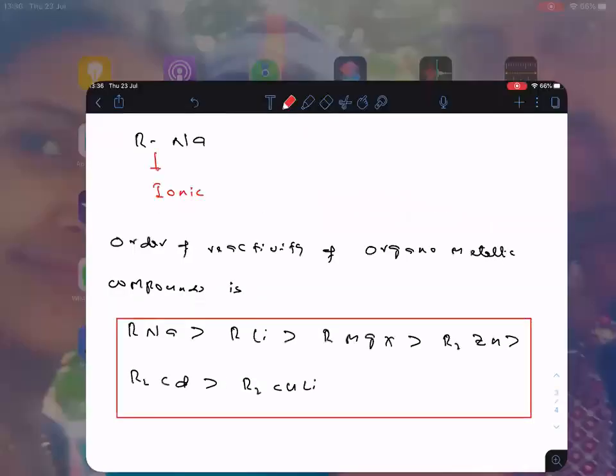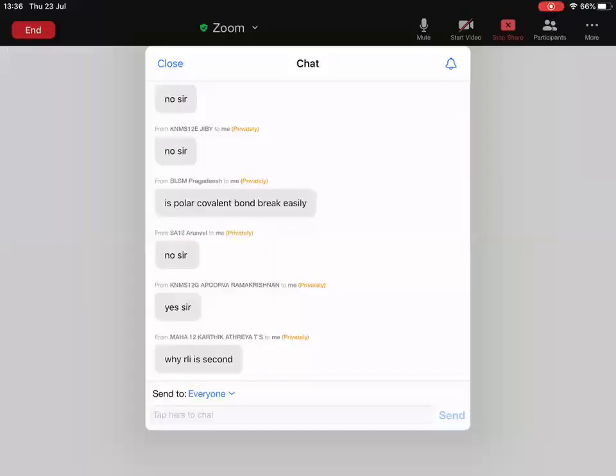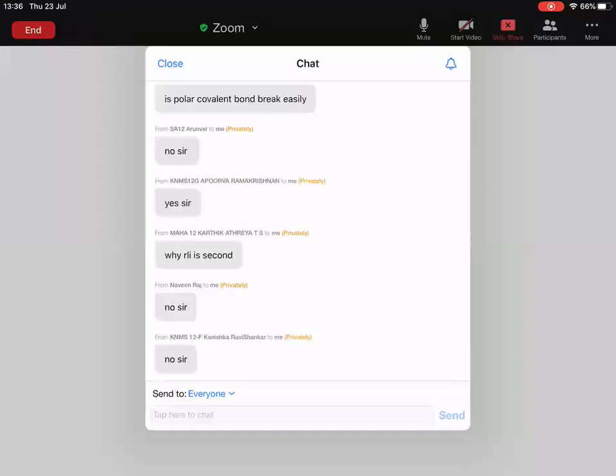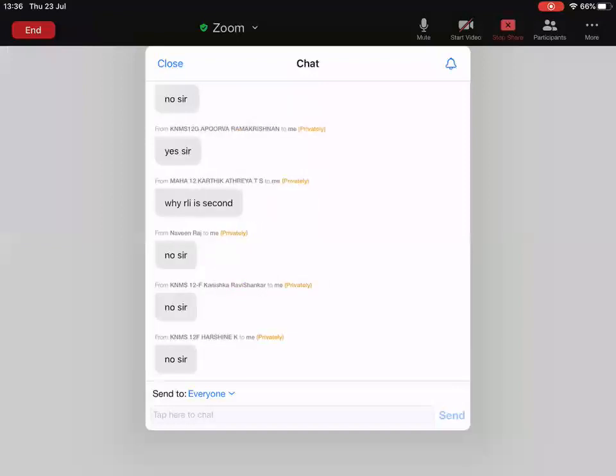Tell me, anyone having any doubt here? Lithium is less metallic, right? That is why lithium comes second. Sodium is more metallic. Down the group, metallic nature increases. You studied in the periodic table.